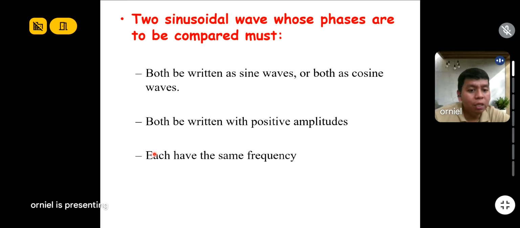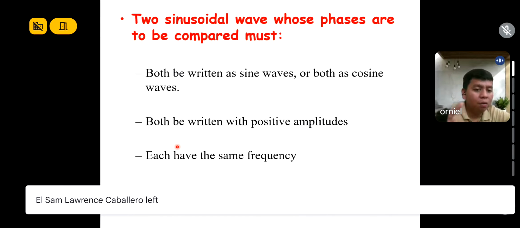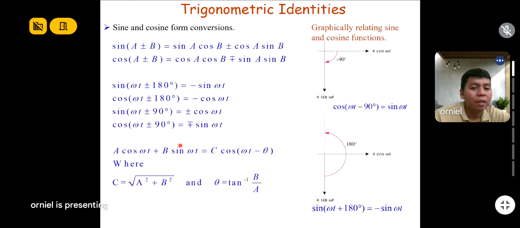And lastly, as I said earlier, you cannot compare the two waveforms if they don't have the same frequency. Their frequencies must be the same. So, take note of these three. You can compare two waveforms only if they satisfy these three conditions.